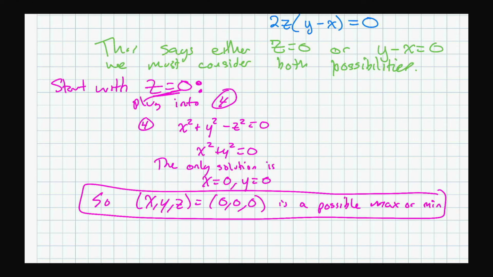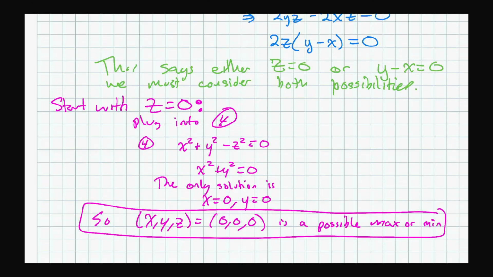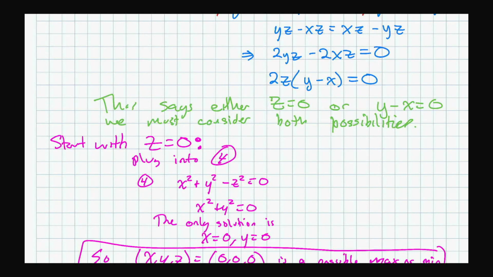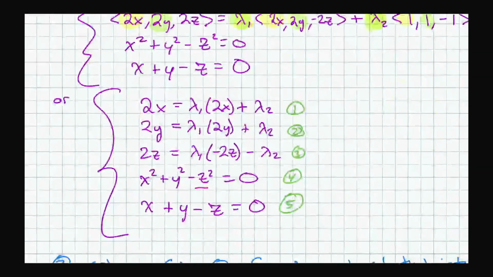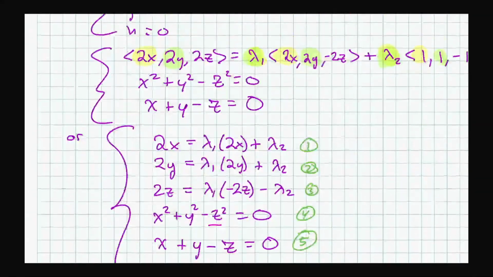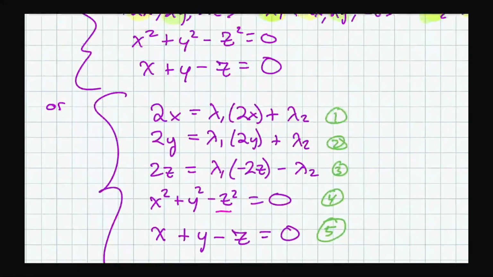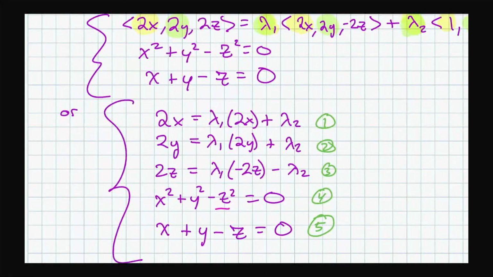Notice what I did there was I just scrolled up through all the equations looking for what to plug z equals 0 into, looking for what would give me the best result. Plugging z equals 0 here just gives you x plus y equals 0. Well, that says x equals negative y.